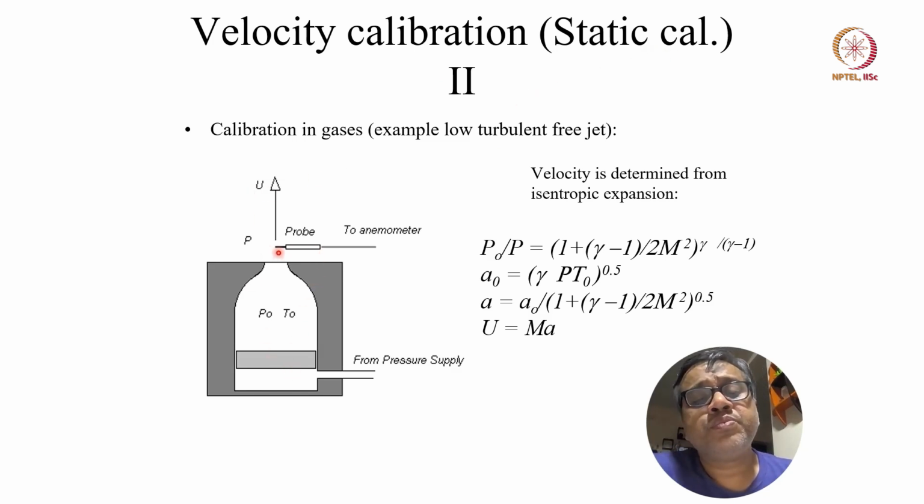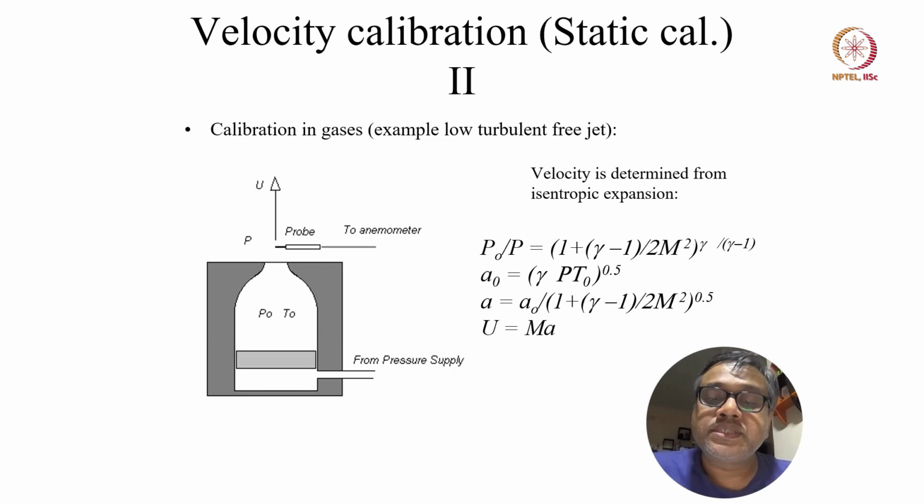For example, you put a probe into a flow field, for example a low turbulence free jet, and you put the probe right there, and the velocity you can determine, and then you can calibrate the anemometer with respect to that. You can also do it in pipe flows and other cases.